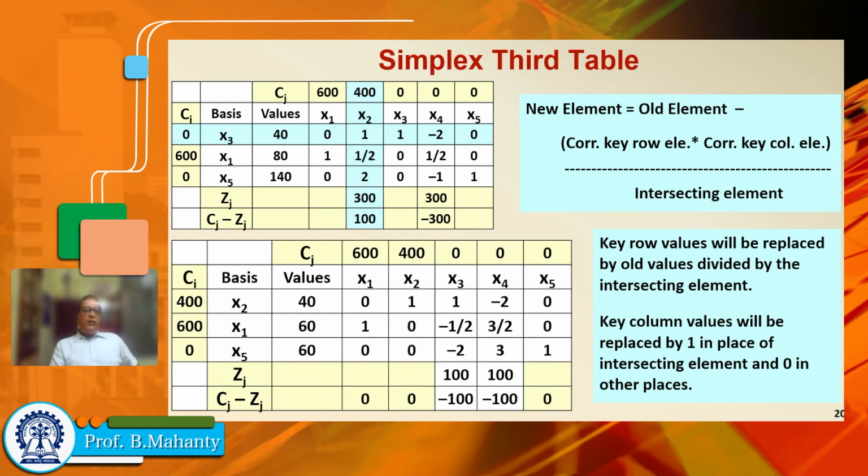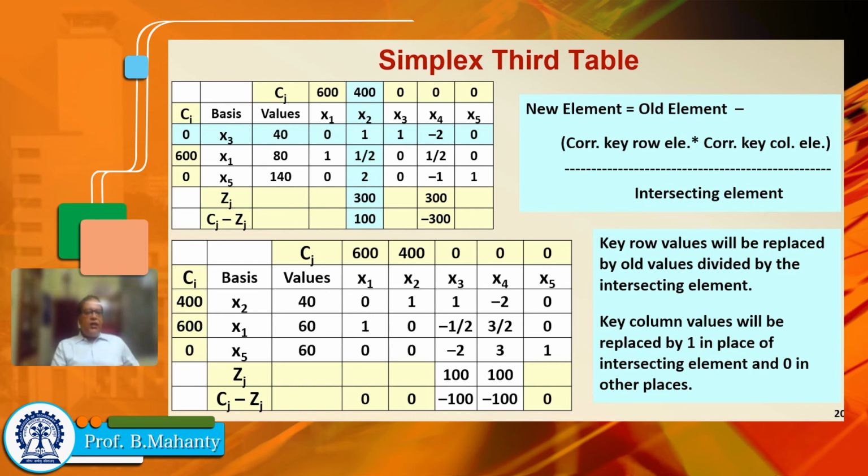For x1 it is 600, for x2 it is 400. That is the profit coefficients to make 1 unit of x1 and 1 unit of x2. So to make 1 unit of x3, how much of the different resources do we have to give up? We have to give up 1 unit of x2, minus half units of x1 and minus 2 units of x5.